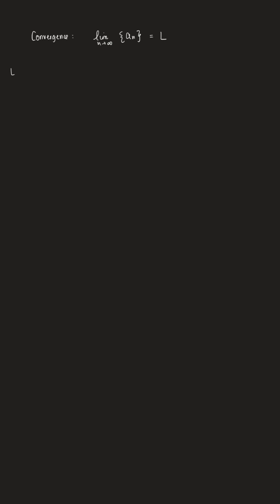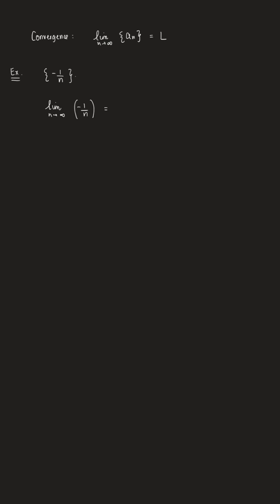So let me just show you some examples of how we might use limit properties that we've used in the past. Let's suppose that we have the sequence negative 1 over n, and we want to know whether this sequence converges or not. What we'll do is take the limit as n approaches infinity of the nth term, just to see what's happening down the line as n gets really large.